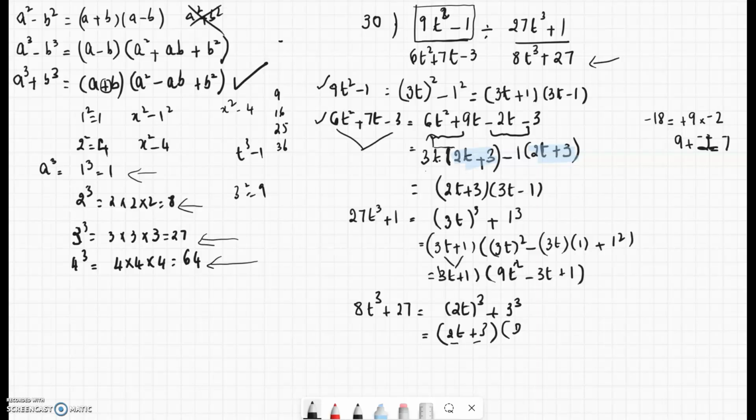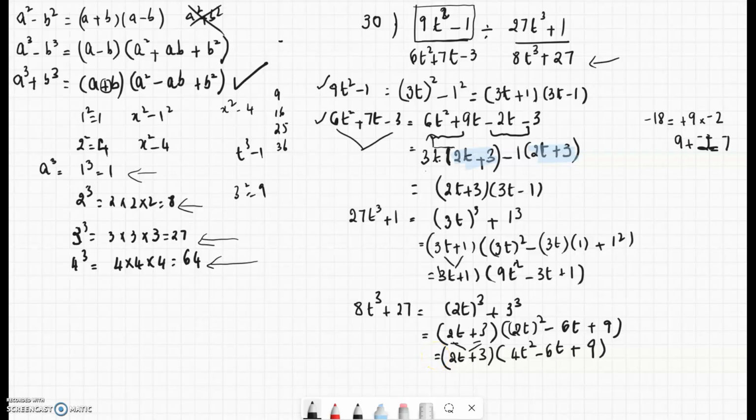Square the first, so that's 2t the whole squared, minus, which means you're changing the sign, take the product of these two, so that's 2t times 3, which is equal to 6t, plus square the second, which is 9. So that's 2t plus 3 times 4t squared minus 6t plus 9.